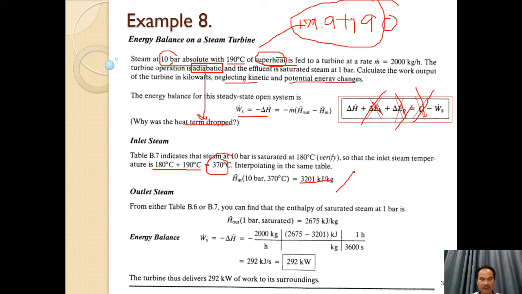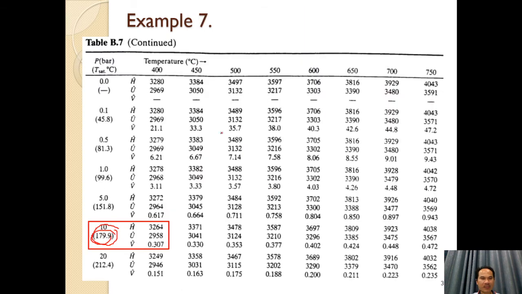How about the outlet? Outlet temperature. The outlet is at 1 bar. It's saturated steam, not superheated steam. Saturated steam at 1 bar. You have to open 1 bar and saturated steam. This is 1 bar.